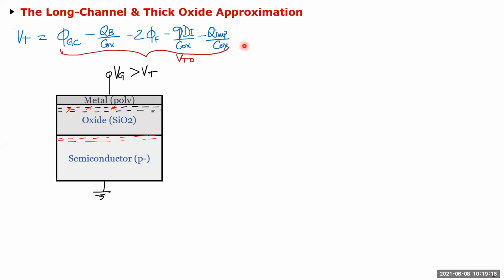So this is what we called the VT0, which is when the substrate to source voltage, I haven't shown the source yet, so when both sides of the channel are at the same potential as the substrate, then this is the voltage. Then we added a correction term, which is gamma times this term over here.